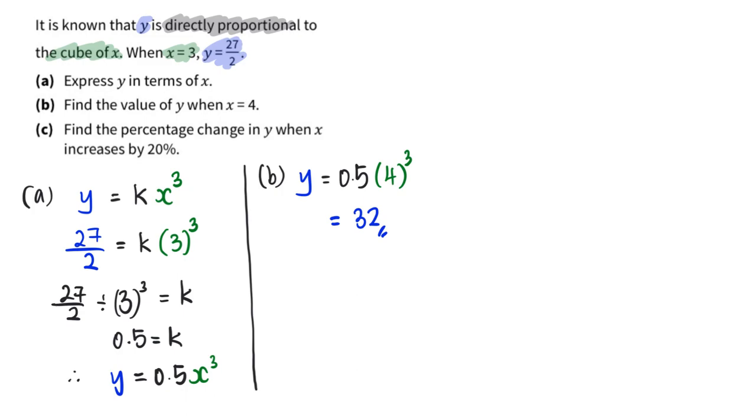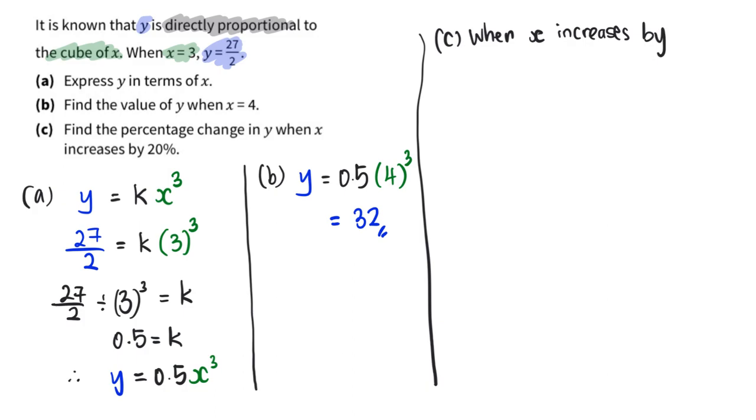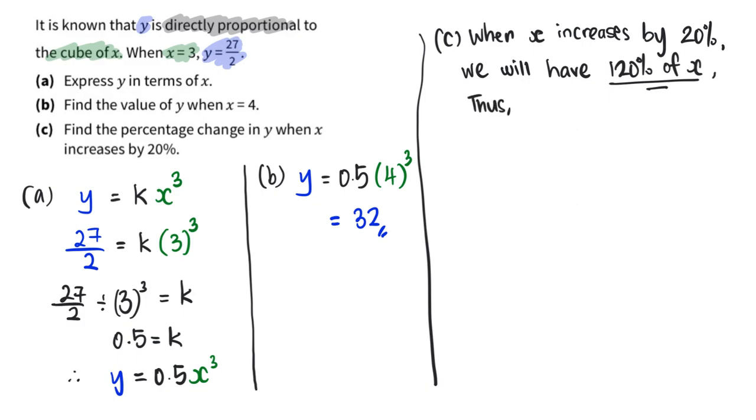Okay. So when x increases by 20%, it means we will have 120% of x, and this translates to 1.2 times x, 1.2x, okay?